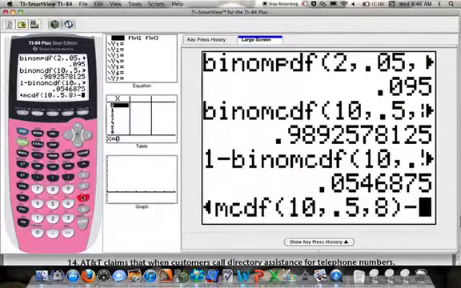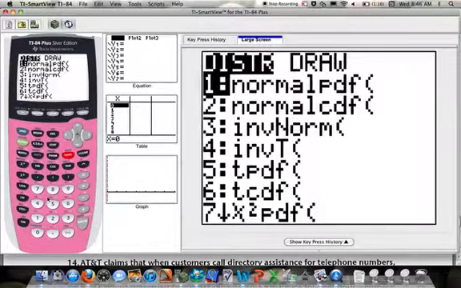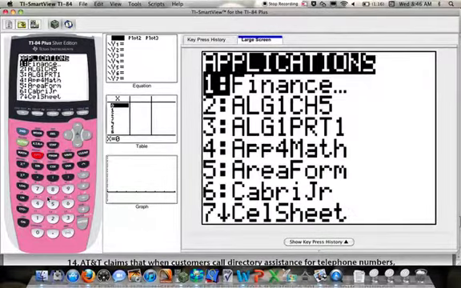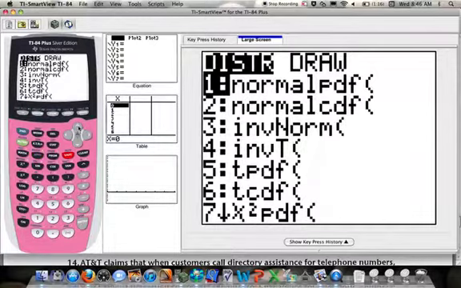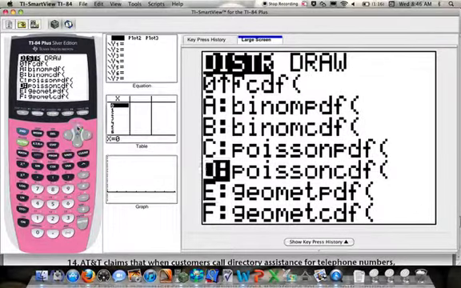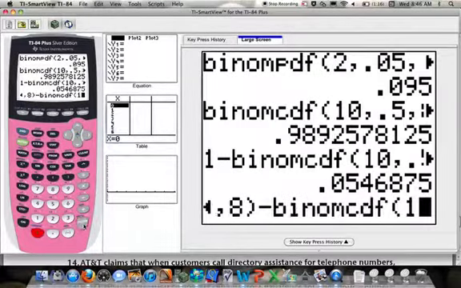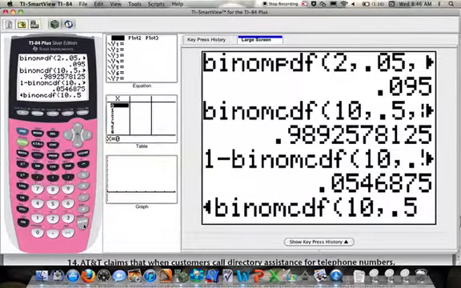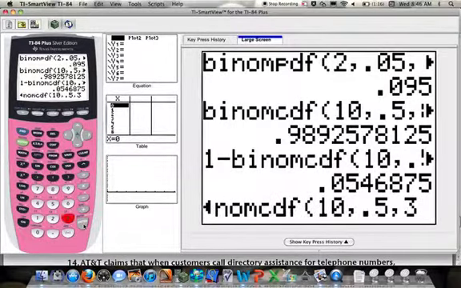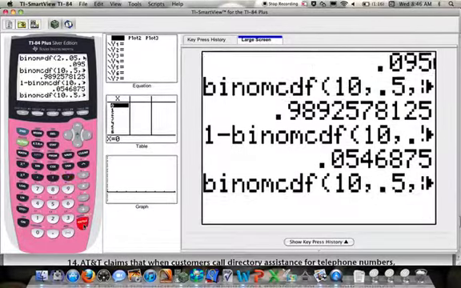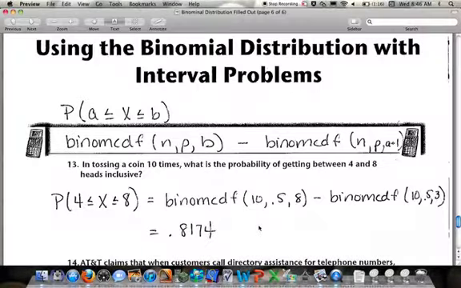And then I'm going to subtract out the binomial CDF of 10, comma, 0.5, comma, 3. And I press enter, and hopefully that is the answer I got there. Yes, it is. Okay?